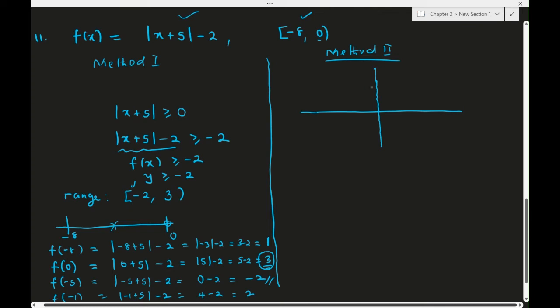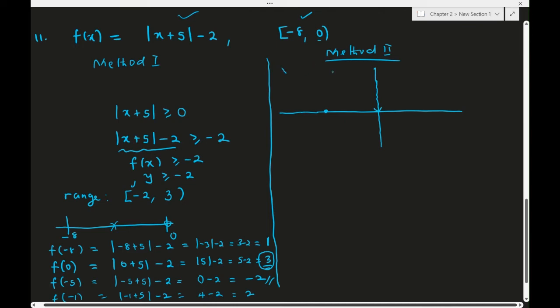The absolute value of x should be something like a V, right? But with plus 5, it means it is shifted to the left. How many units? Let's say 5 units to the left.